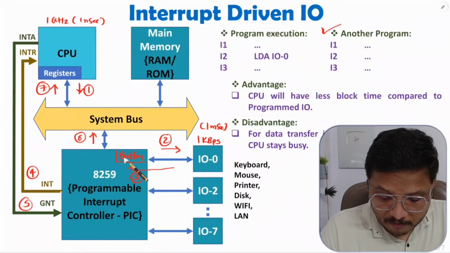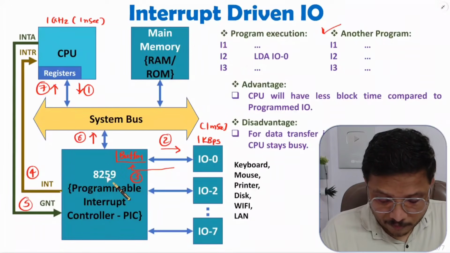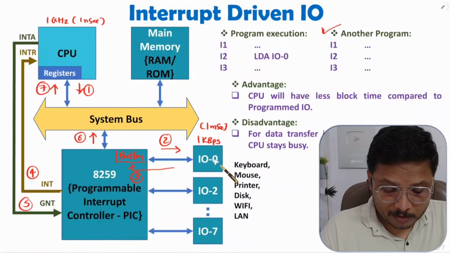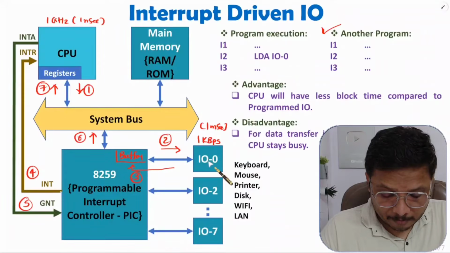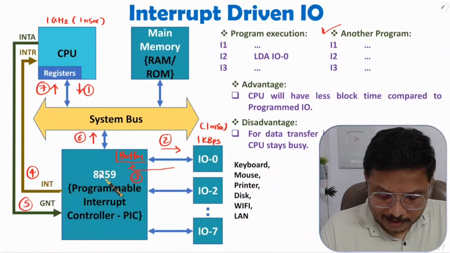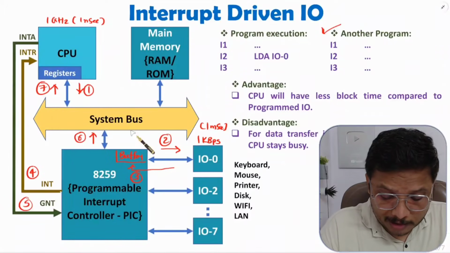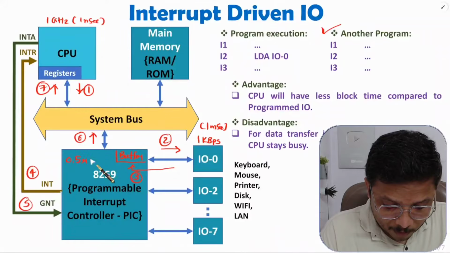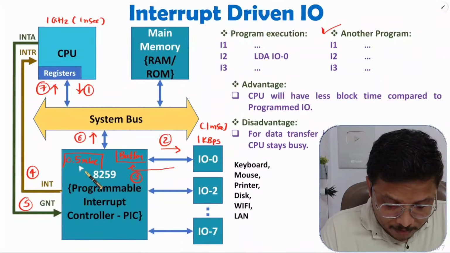And as this buffer is very fast, and this 8259 IC is way faster compared to the IO port, you will observe the execution time decrease. In general, the 8259 IC executes all this within 0.5 microsecond, right?